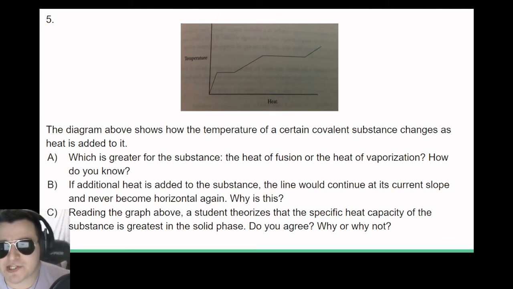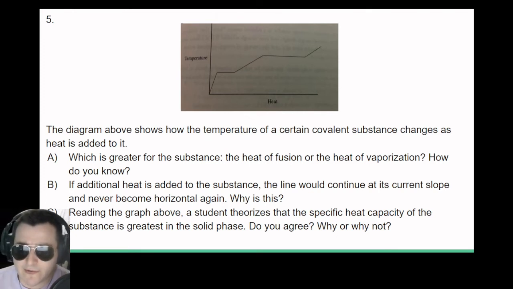Which is greater for the substance? The heat of fusion or the heat of vaporization? And how do you know? Well, we're looking at the chart. Heat of fusion, once again, is how much energy is required to go from solid to liquid. Heat of vaporization is how much energy is required to go from liquid to gas. This x-axis is energy. How much energy do you have to put in to make this change occur?